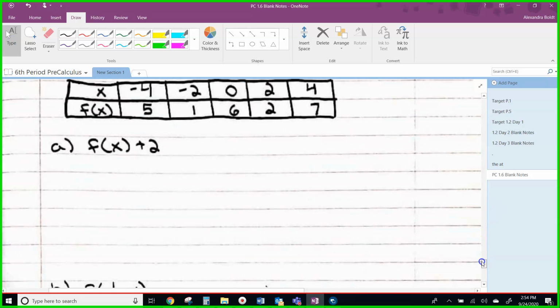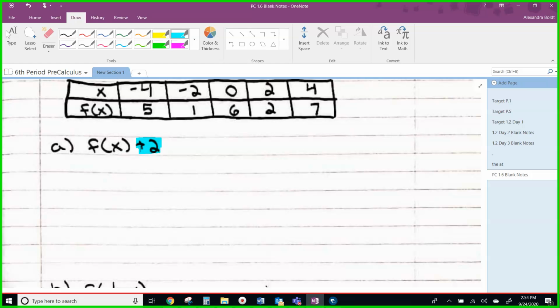So let's look at how we're going to do that. So we have A, we're going to find f of x plus 2. So what does that mean? Really what I'm doing is I'm shifting it up 2, right? This is outside of my function, outside of my parentheses, so it's going to affect our f of x. It's not going to affect our x.